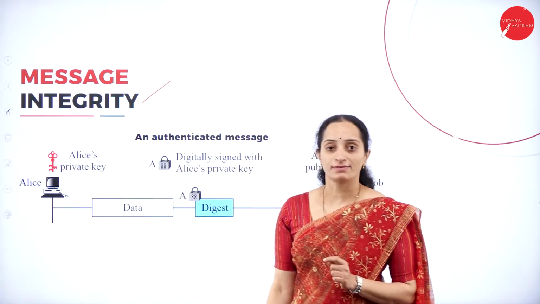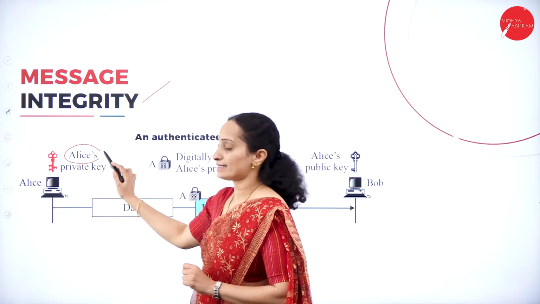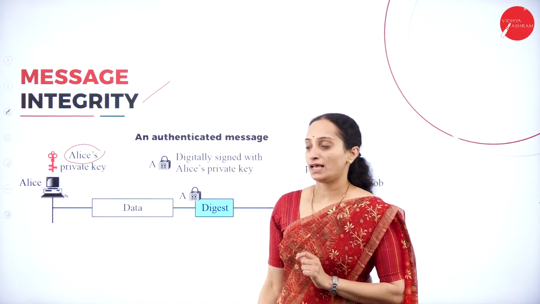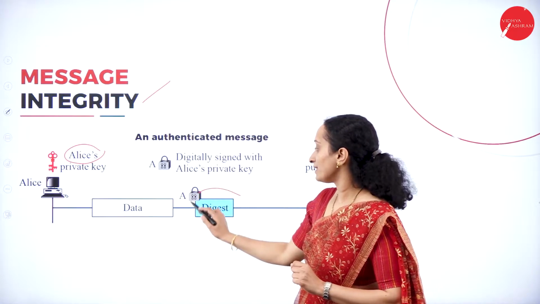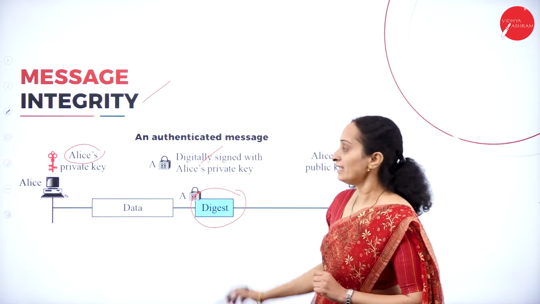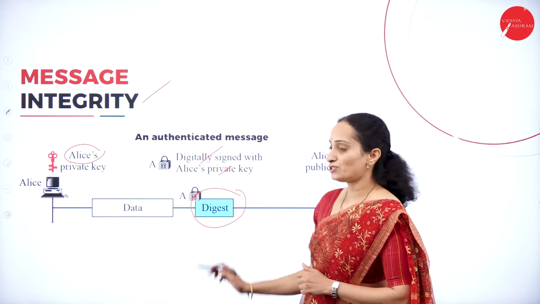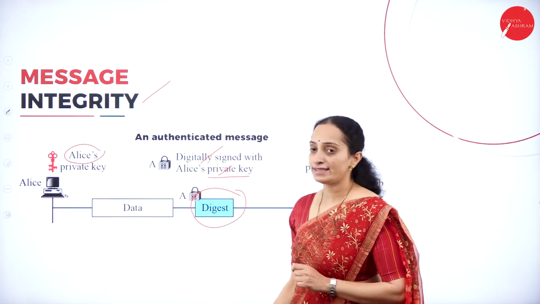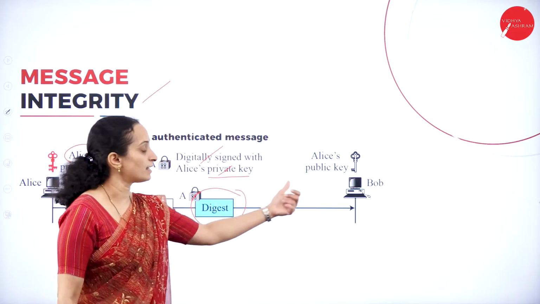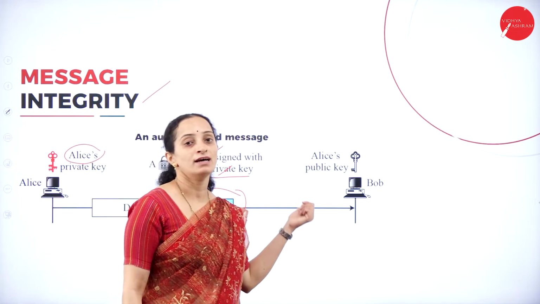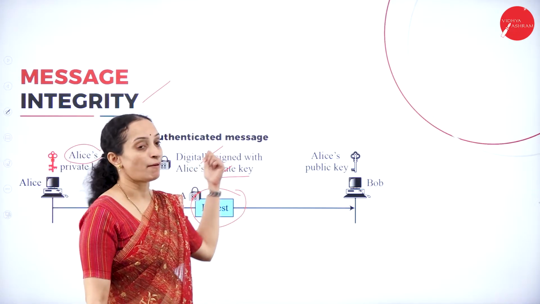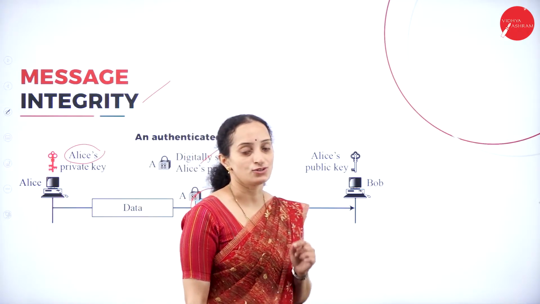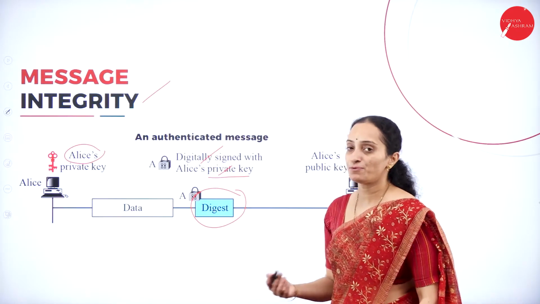Alice, the sender, uses her private key to sign the data and create the message digest, so it is digitally signed by Alice. At the receiver end, the receiver decrypts the message using the public key released by Alice. This is another improvement you can make.